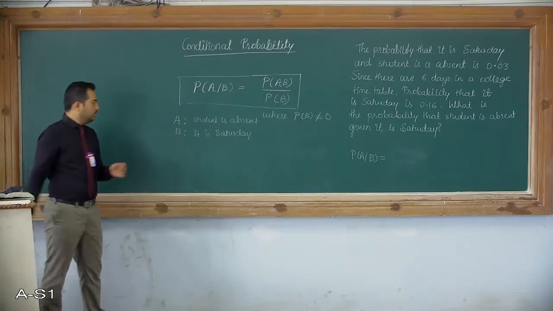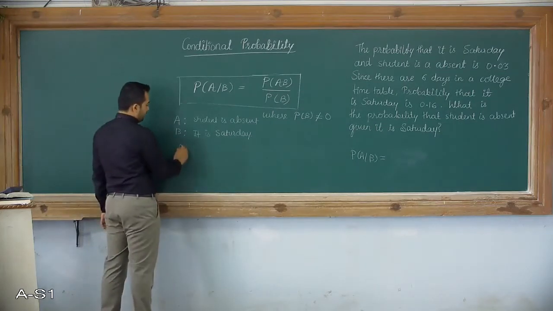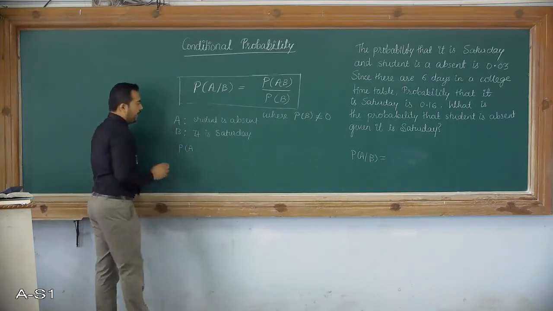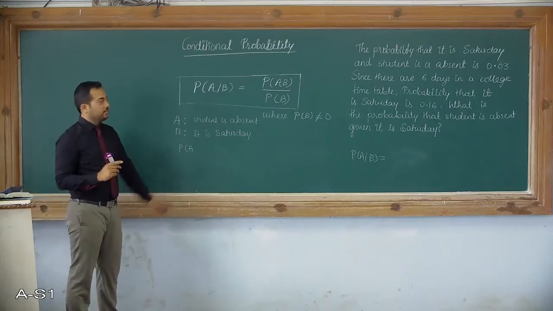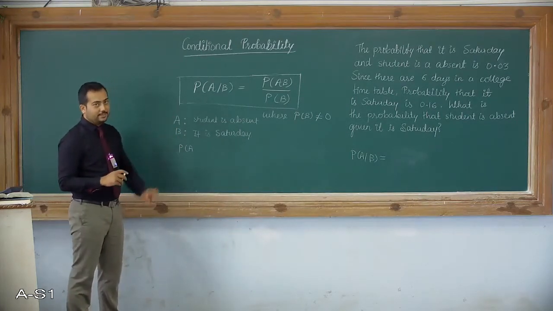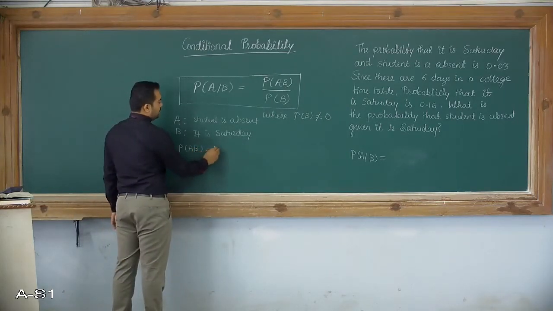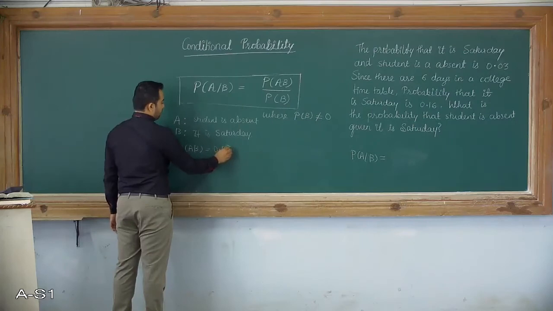Okay, so now we know which are event A and event B. Now let me write the values. The probability of event A alone, that the student is absent, is not given, but it is given along with it being Saturday. So the probability of A and B together is 0.03.